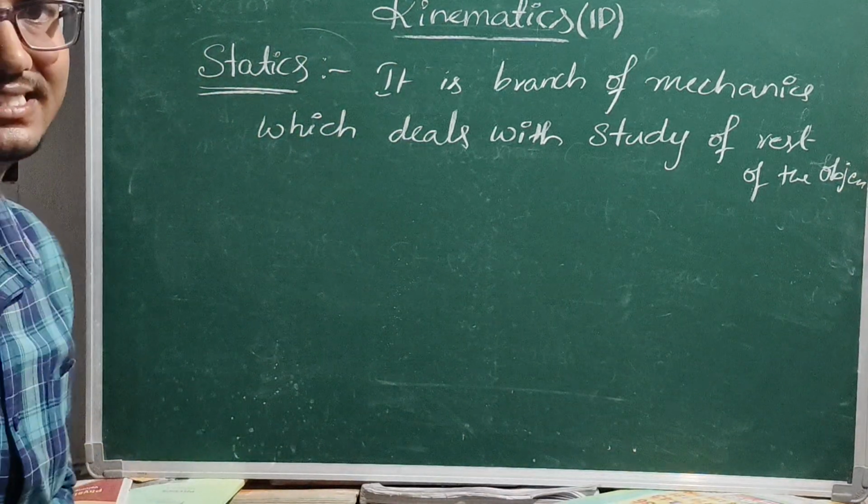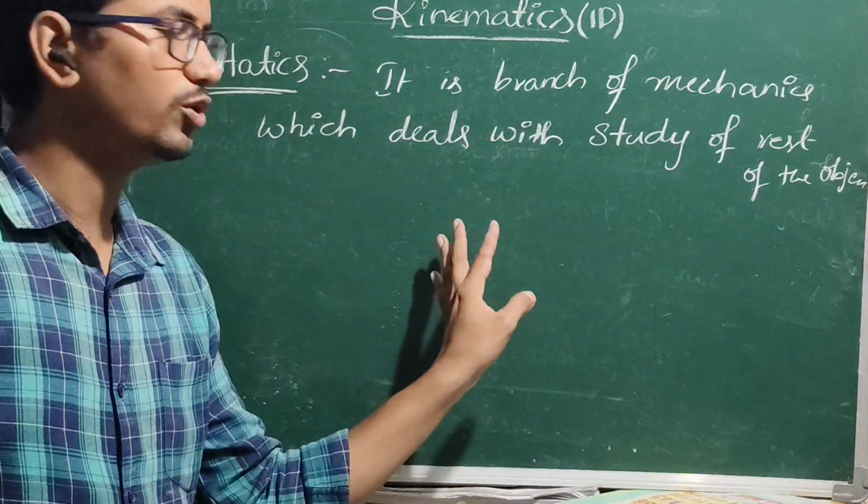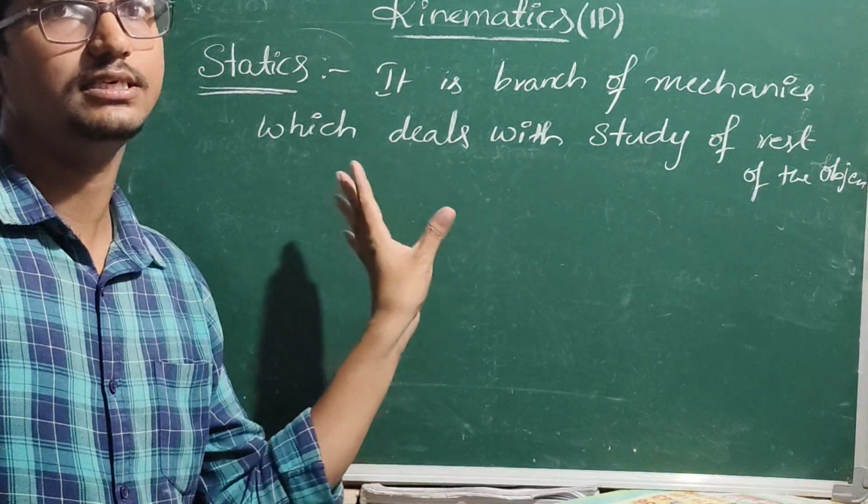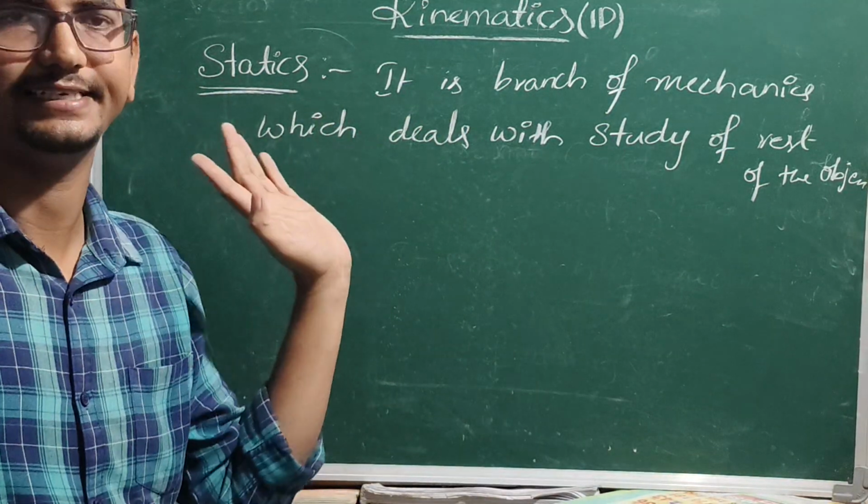That is called statics. For example, a wall is there, this body is there, it is in a rest position. We are studying the rest of the bodies, that is called statics.